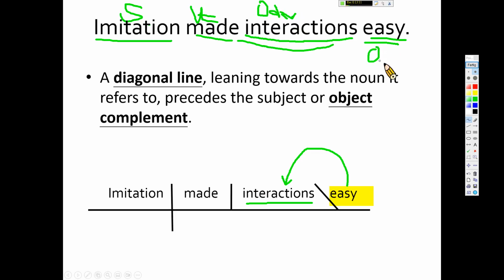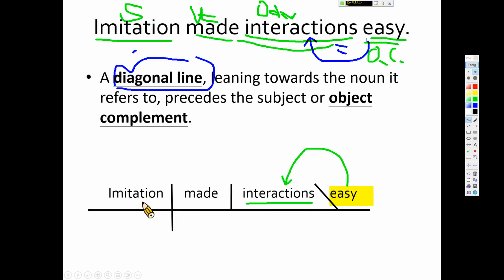But basically, it is an object complement. So when we say complement, it's equal. So easy is equal to interaction. So when we say equal, and we know we want to complement, so again, a diagonal line is used.